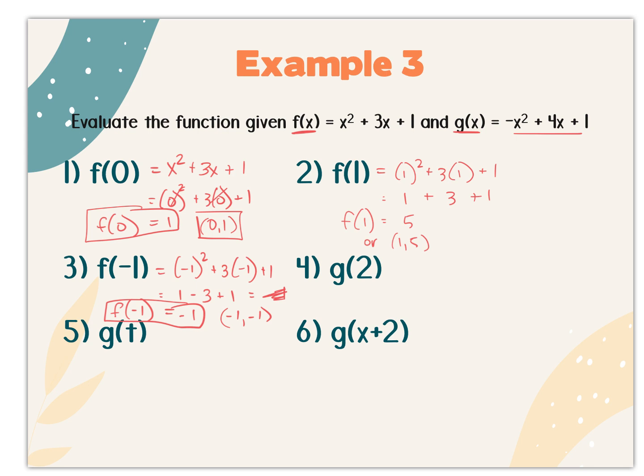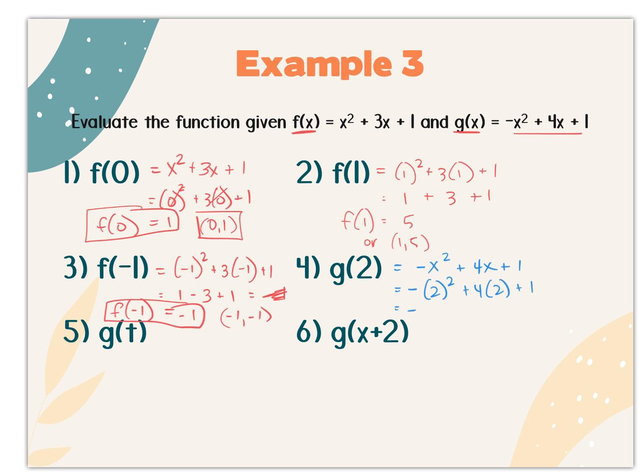Now notice the next one says g of 2. So basically what we're using here is the formula, or the equation rather, for function g. So we want to know when x is 2, what happens. And again, be careful, you're not squaring the negative, you're only squaring the x. So I always put parentheses around what I plug in.